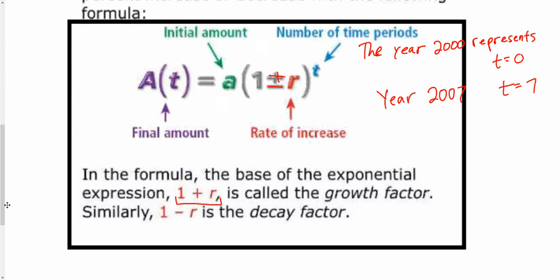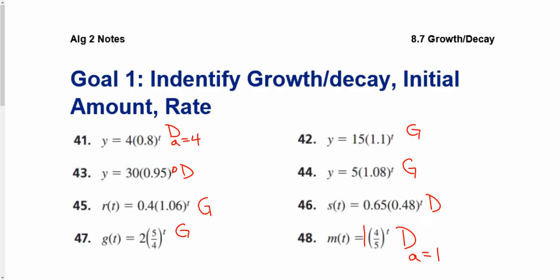R is the rate. 1 plus R is called the growth factor. So when you look at the result, that's called the growth factor. I just want the R though. So how could we find the R if this formula right here was supposed to say 1 plus R? Oh, you subtract. Yeah, you just subtract it, right? So this one means R equals 0.2.